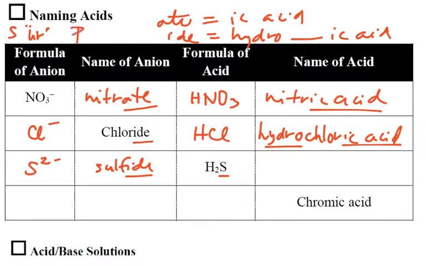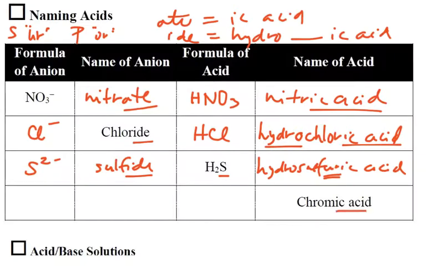And if we have a phosphorus, we're going to put in an OR just to make it sound good. Okay, so this is going to be hydrosulfuric acid. Okay, so that's the little UR that we added. So if you just follow the rules, you might say hydrosulfic acid, but it's hydrosulfuric.